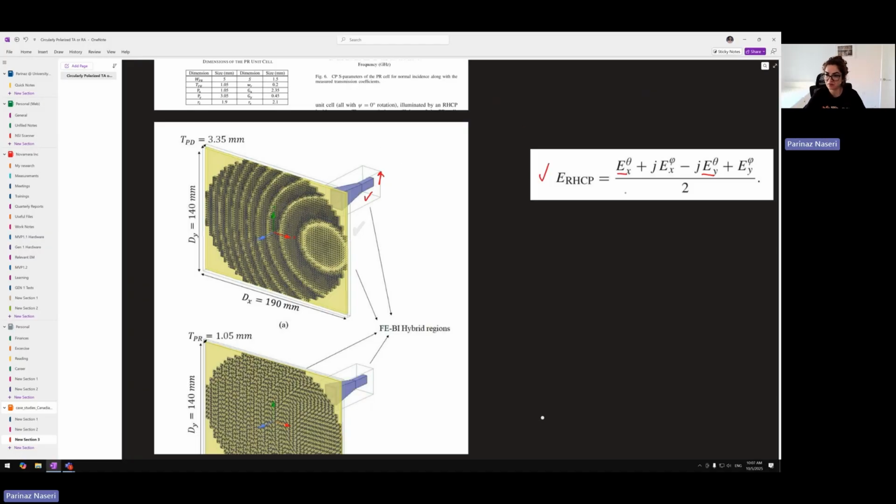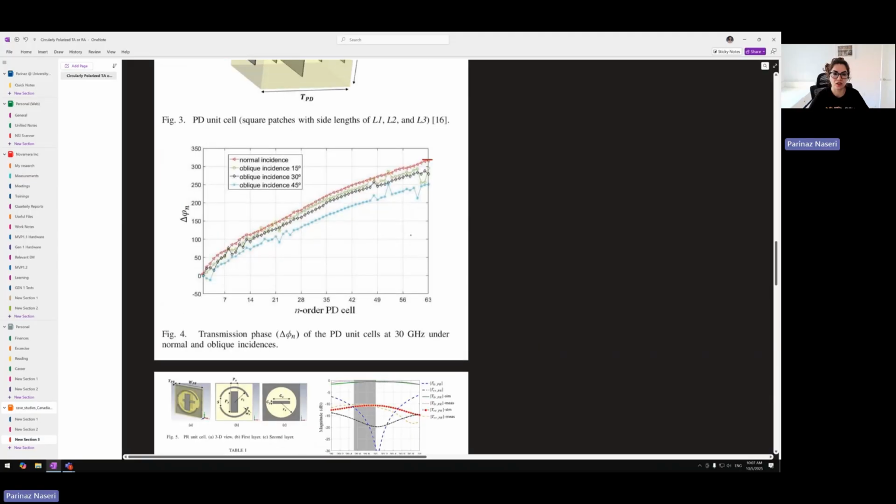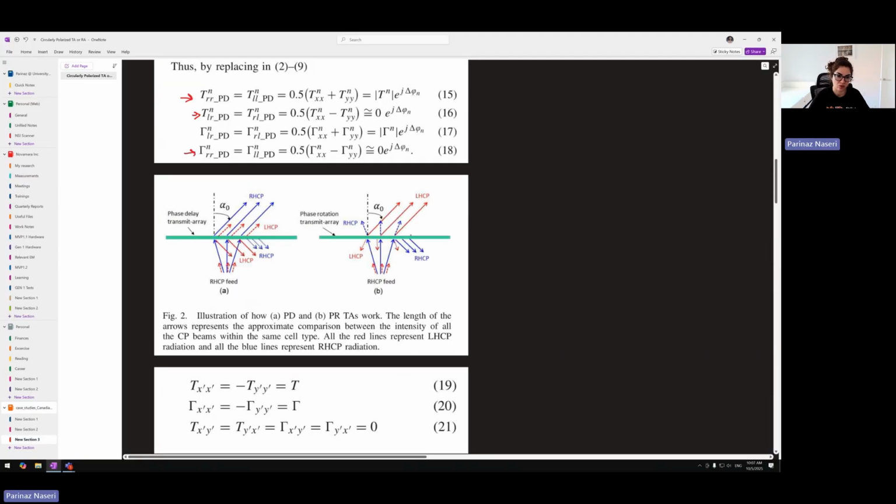And then I got the RHCP result at the end by doing post-processing based on this formula. For X and Y, you would get a theta component and a phi component in the far field, and then you can process it like this. So here it is for you, another formula. So you don't have to go and simulate a complicated circularly polarized horn antenna.